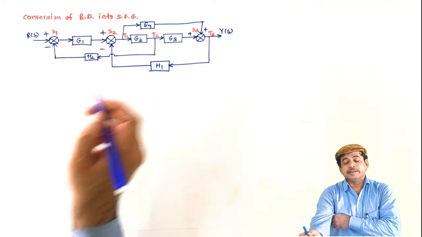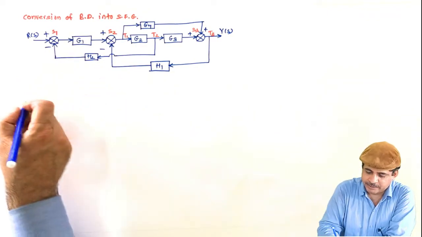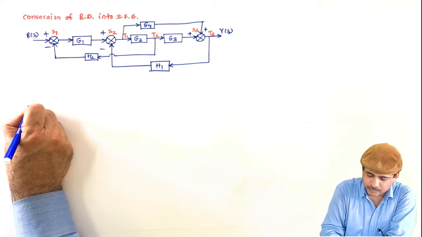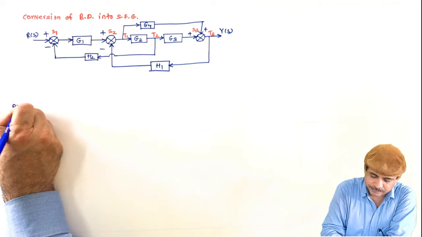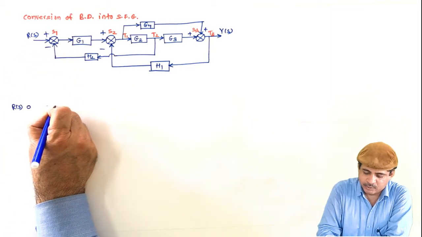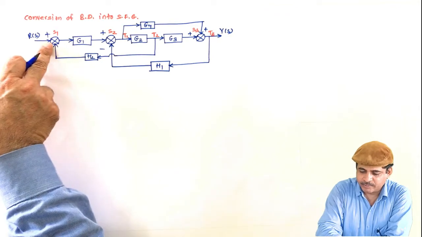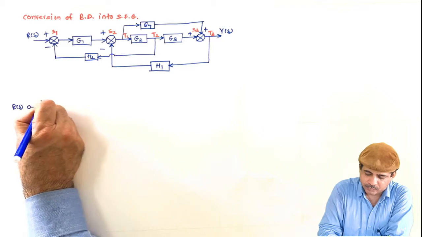Then mark the input nodes. While converting, first will be the input node, and this will be R of S. These two, a summing point S1, will be a node. Join them. What is the gain of this? 1. So mark it 1.